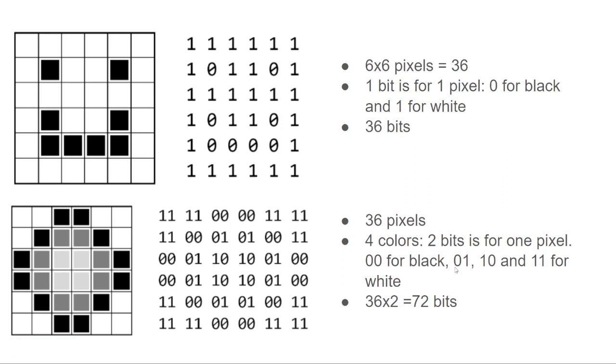So we have to use 2 bits per pixel. Since we have 36 pixels, we have to use 36 into 2 is equal to 72 bits to represent this image. So as we increase the number of intensities, number of gray colors, we have to use more number of bits to represent this particular image.